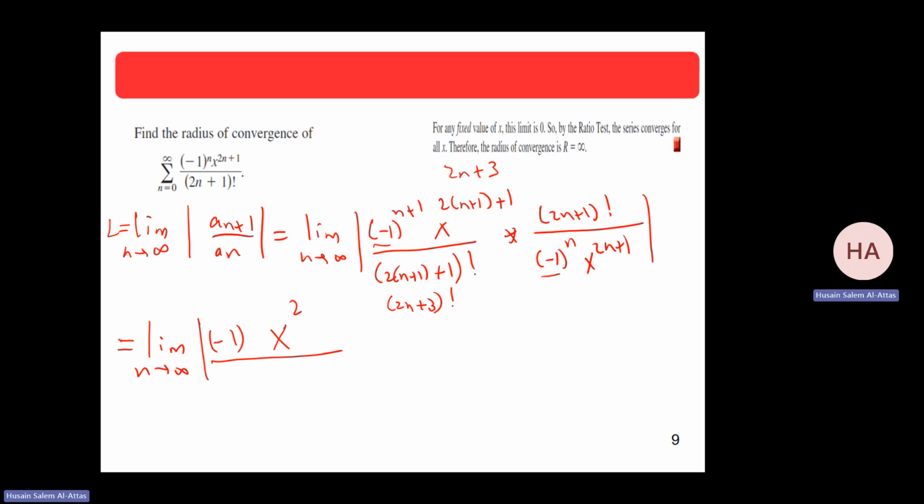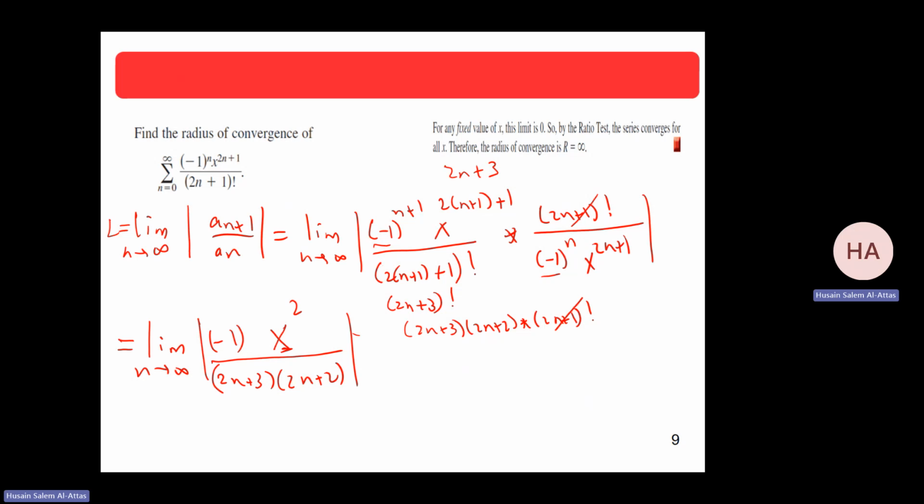And this is (2n plus 1) factorial. If you notice, this is (2n plus 3) times (2n plus 2) times (2n plus 1) factorial. So this is cancelled, and I have here (2n plus 3) times (2n plus 2).